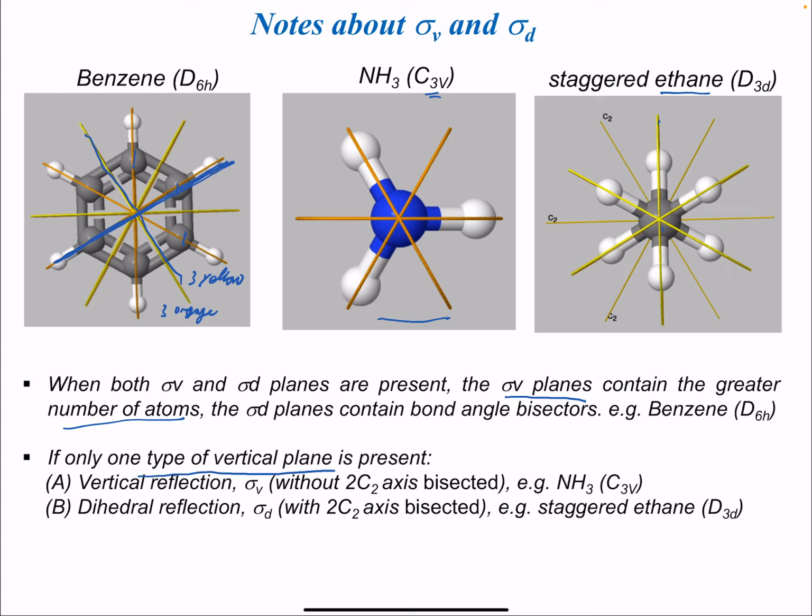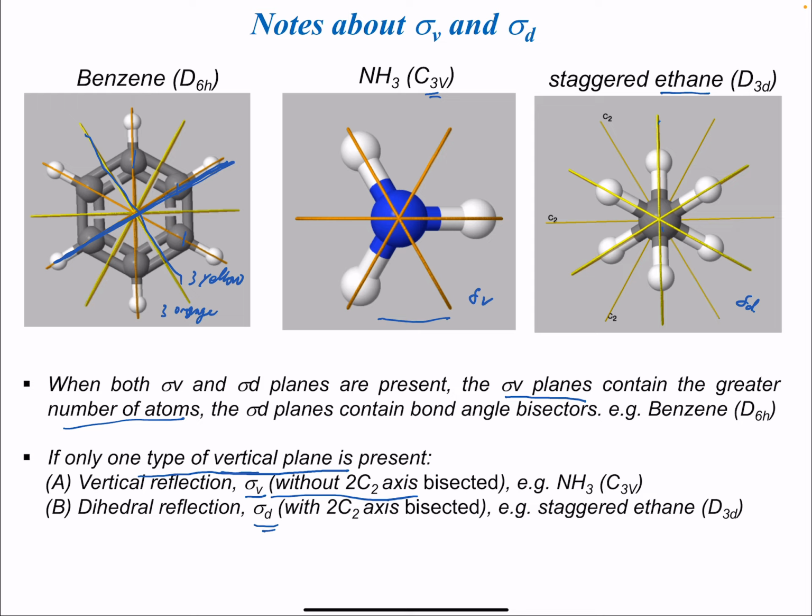Normally a sigma v plane contains more atoms compared to sigma d. If you see only one type of vertical plane, in this case we have sigma v.